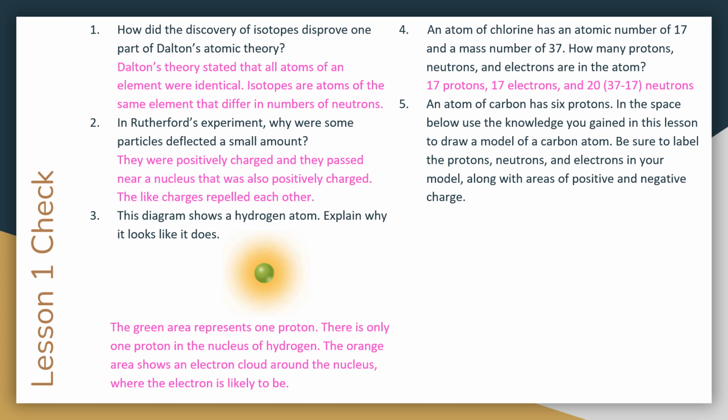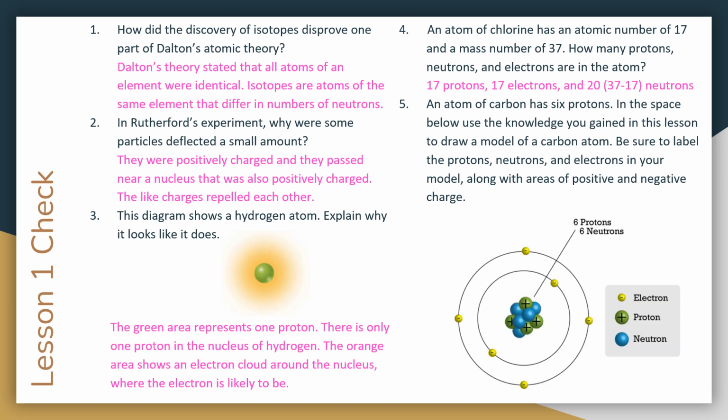5. An atom of carbon has 6 protons. In the space below, use the knowledge you gained in this lesson to draw a model of a carbon atom. Be sure to label the protons, neutrons, and electrons in your model, along with areas of positive and negative charge. So your model should look something like this.